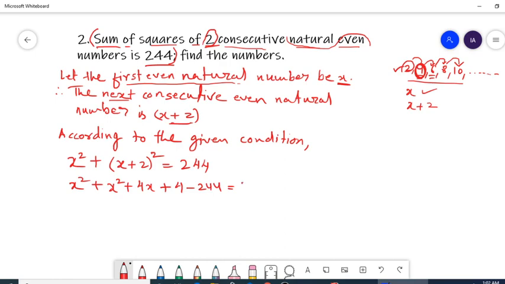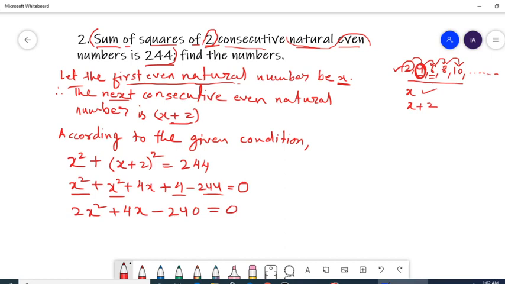Since no number is left on the right hand side, I'll take 0. Both are positive x square, so you can add them to get 2x square. Here we have plus 4x, and plus 4 and minus 244 will give you minus 240. So this is your final quadratic equation.